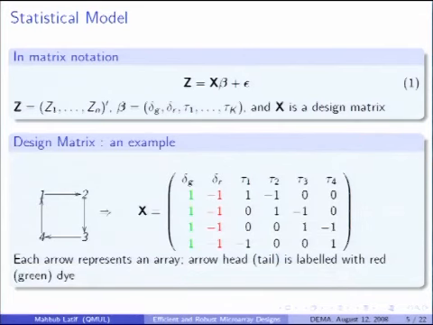Here is one design which has 4 arrays. Each arrow represents an array, and also says about their dye-level protocol. Say the 1 to 2 arrow corresponds to an array where treatments 1 and 2 are hybridized, and treatment 1 is labeled with, say, green dye and treatment 2 with red dye.